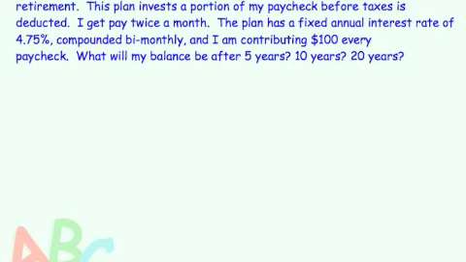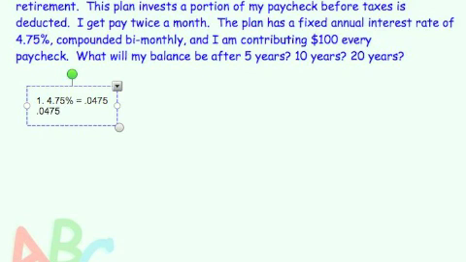The first thing I must think about is that 4.75% is equivalent to 0.0475 from percentage to decimal. I also need to take that interest, which is 0.0475, and I have to divide it by 24. And the reason is because it is compounded bi-monthly.